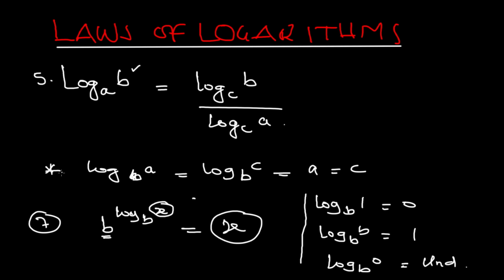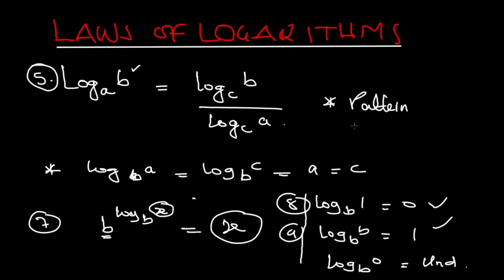So the 7 rules that we showed, including these 2, we can say this is 8 and this is 9. These are patterns that we need to be able to recognize when we are solving or simplifying expressions with regards to logs.